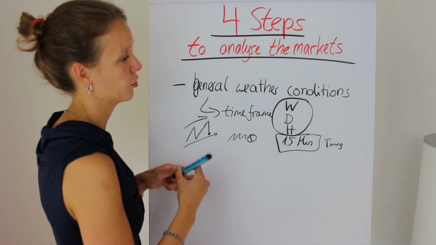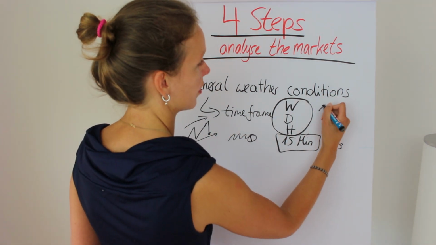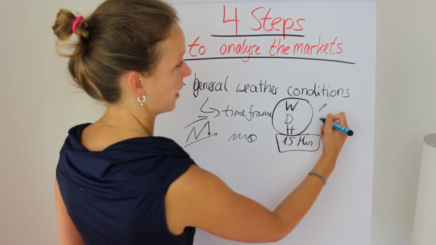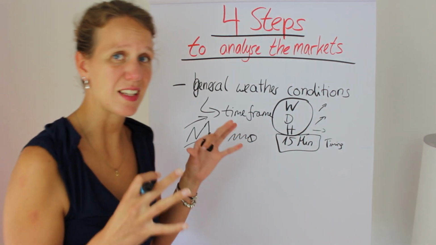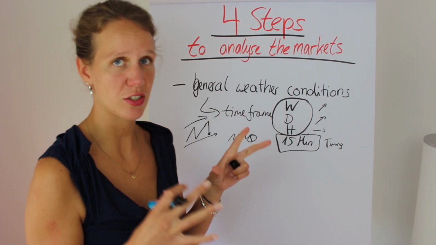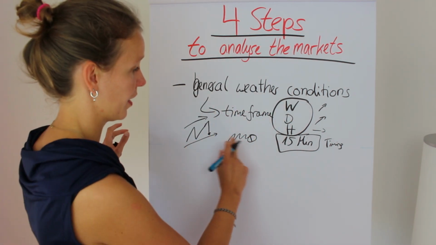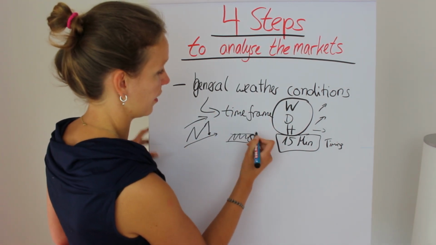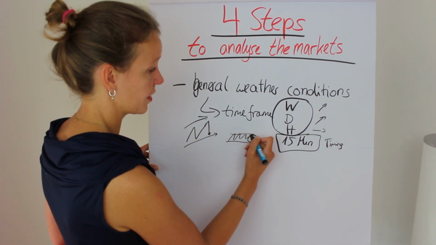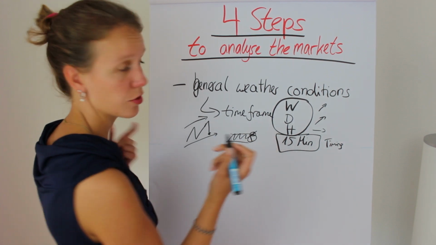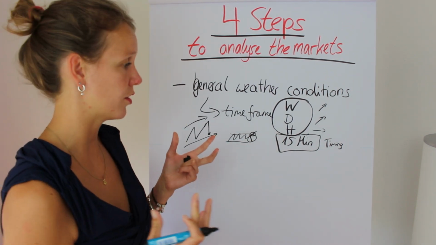So always make sure: are we, for example, in the weekly in an uptrend? Daily, does it match? Hourly, is it maybe sideways? It doesn't always have to exactly match the same direction, because sometimes it's just at a strong support and resistance level, for example. It's a sideways range where you can, for example, trade the breakout of that sideways range as well.